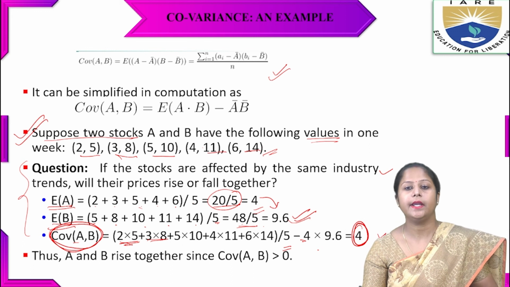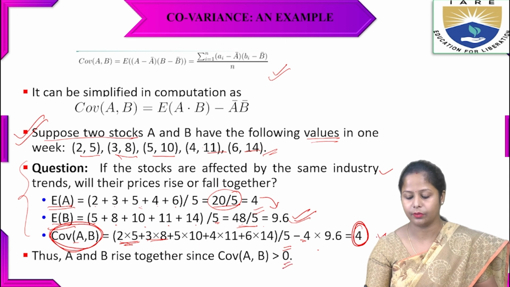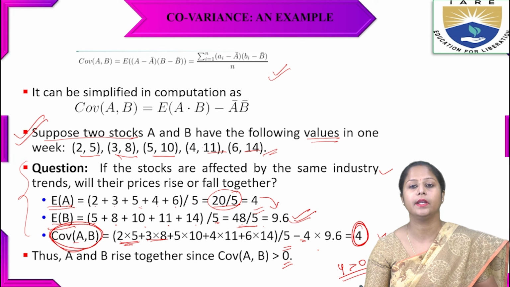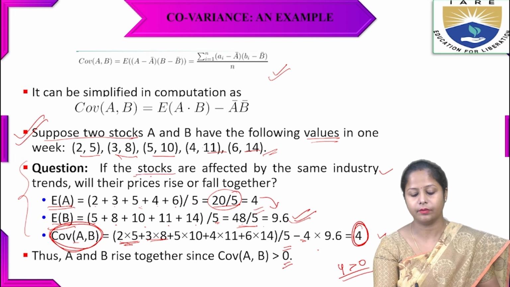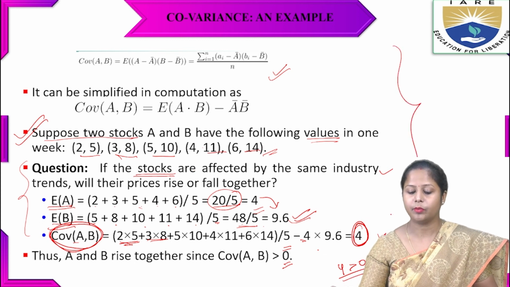So A and B rise together, because the covariance of A and B is greater than 0. That is, 4 is greater than 0. From this example, the stocks rise together. By this formula, we can calculate the covariance of values.